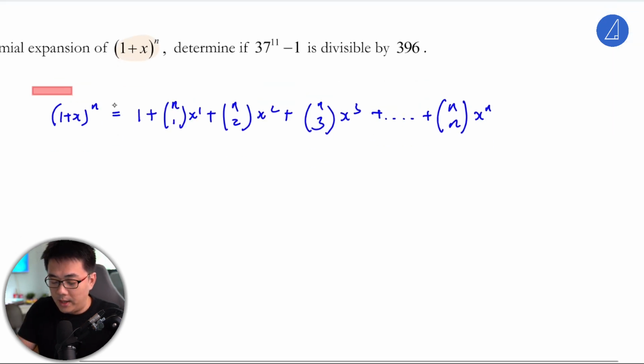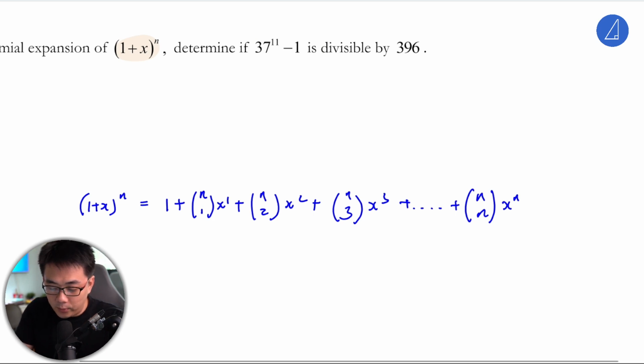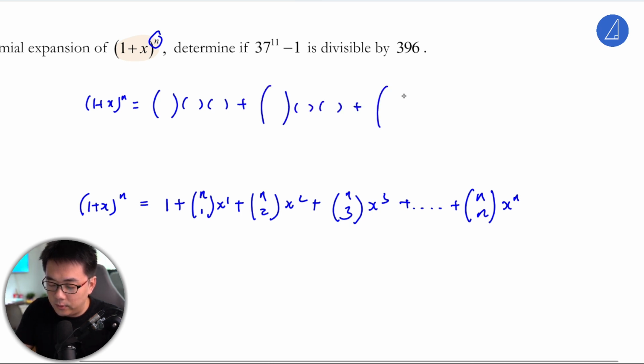Now this is obviously the n, and for this binomial we just assume that they are all positive integers. So what we can do is just do it slowly. Remember that this is the case, expansion has always been this way. So you bracket it, and then you expand to the last one.